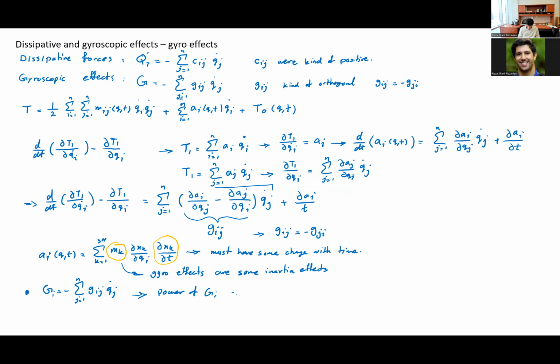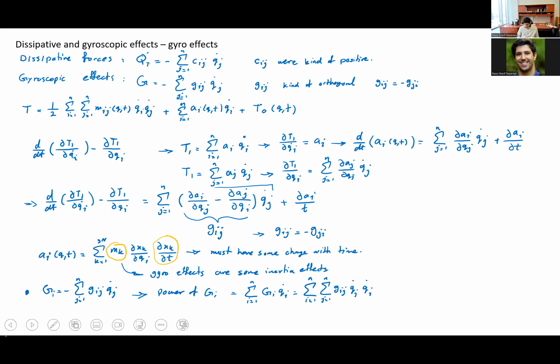So power of G is sum of I from 1 to n, this G times Gi q dot I. And I can substitute its definition, sum of I from 1 to n, sum of Gij q dot j, and j is from 1 to n, q dot I.